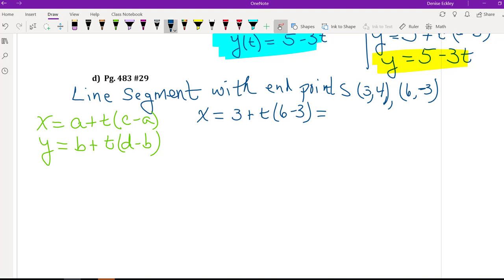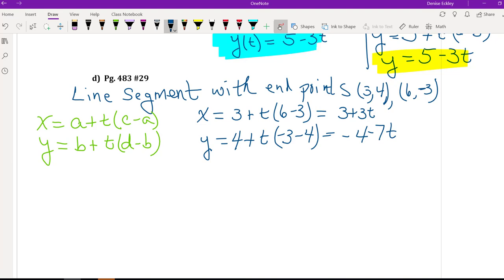So we get that x is 3 plus 3t. And then y is going to equal 4 plus t times negative 3 minus 4. So we get negative 4 minus 7t. Okay, so that gives us our line.